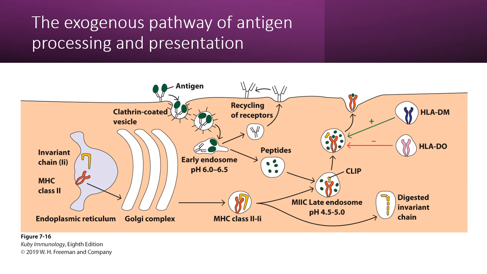And then that complex gets sent to the surface of the cell. Good? The biggest difference between MHC class 1 processing and MHC class 2 processing is when the antigen gets loaded: whether it's in the rough endoplasmic reticulum for MHC class 1 or whether it's in the late endosome stage for MHC class 2.